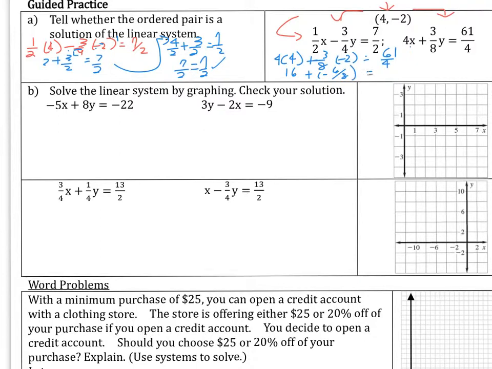Okay, and this equals, let's see, I could do 64/4, which equals 16 here, and this would be -3/4 when it's simplified, and this will equal 61/4, and this does equal 61/4, so (4, -2) is a solution. So I'll just write yes.